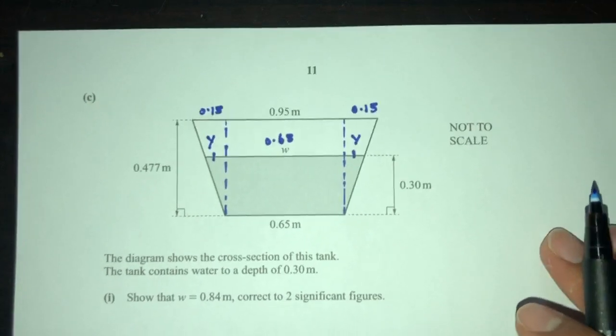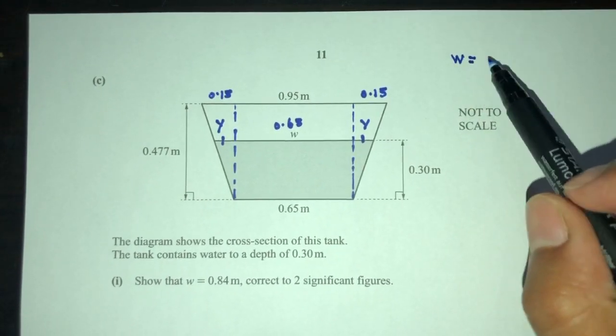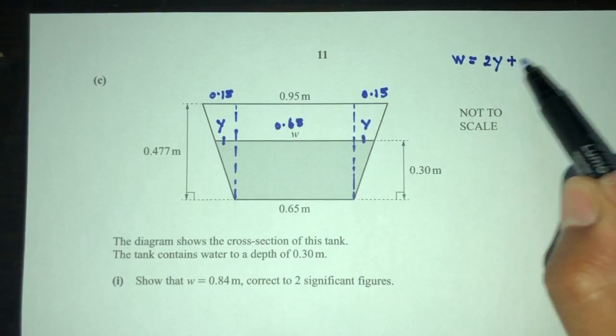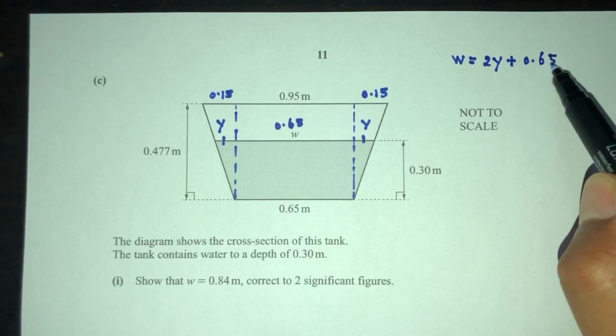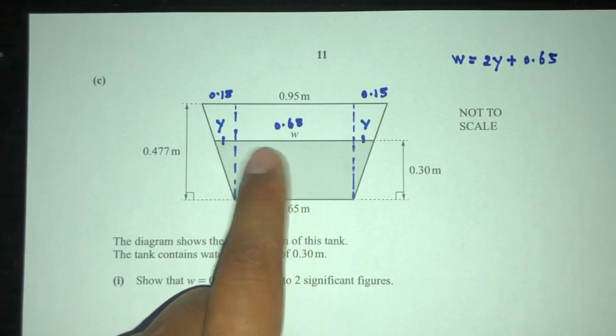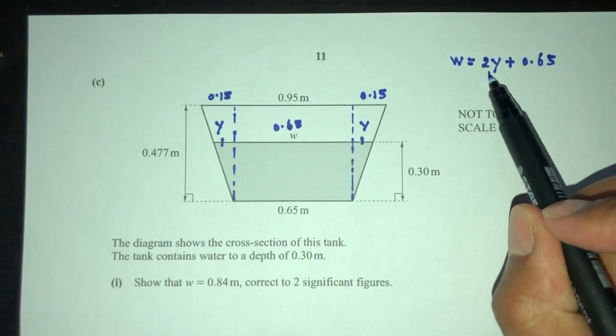So we're trying to find the value of W. W is equal to, so y plus y is 2y plus 0.65. Does that make sense? Yeah. So W is equal to this plus this 2. So now the only unknown is the value of y.